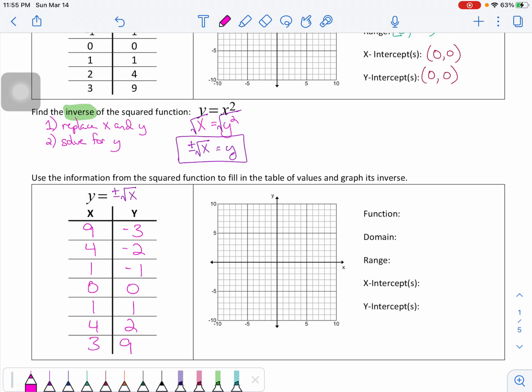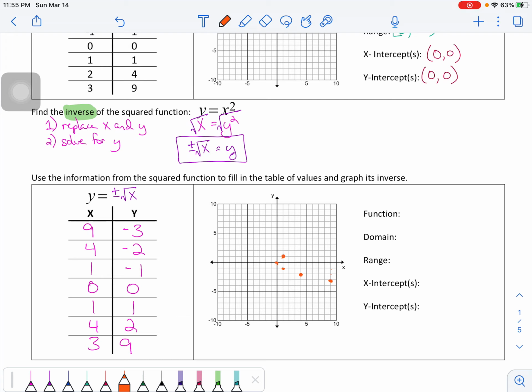Okay, so let's graph it. Okay, so we've got positive 9, negative 3, positive 4, negative 2, positive 1, negative 1, 0, 0. Whoops, I have an extra little point there.